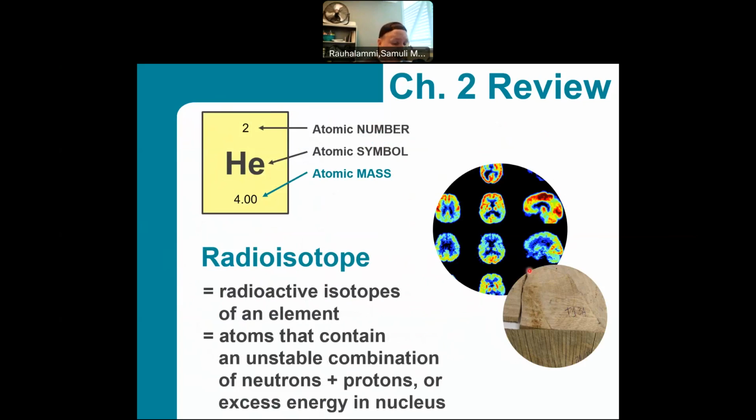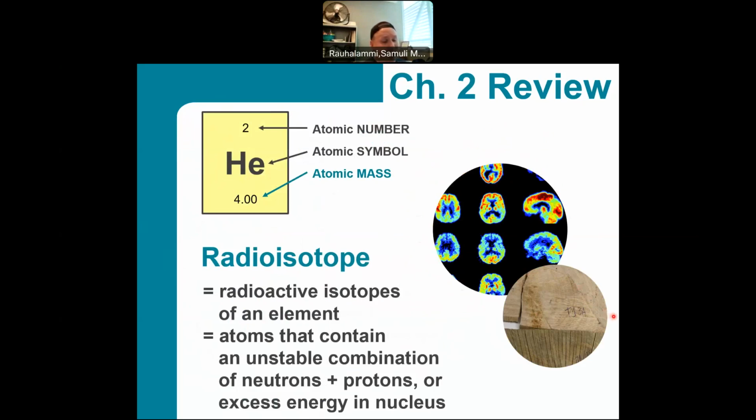A lot of medical imaging uses radioactive isotopes as tracers, for tracing the passage of material to show where the blood flow is greatest, for example in these functional MRI images that we're seeing here.